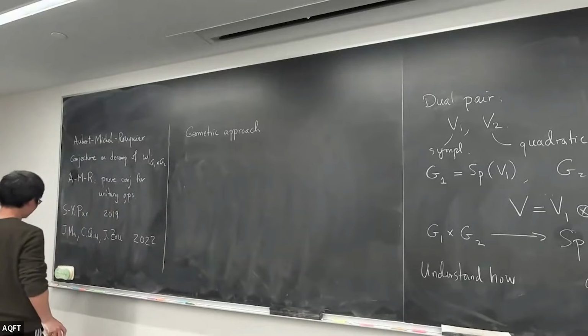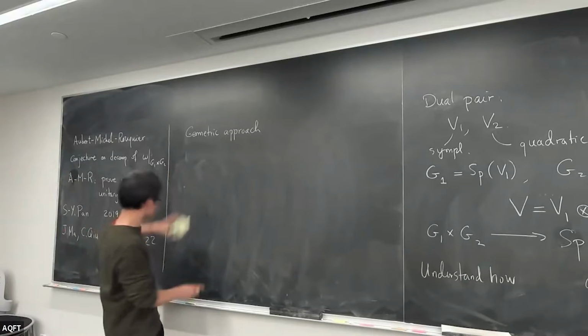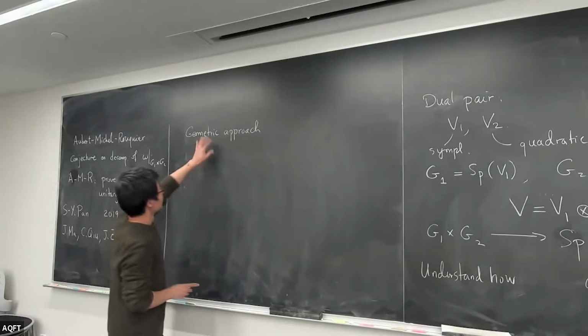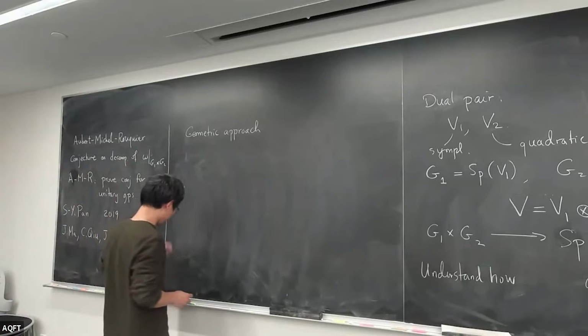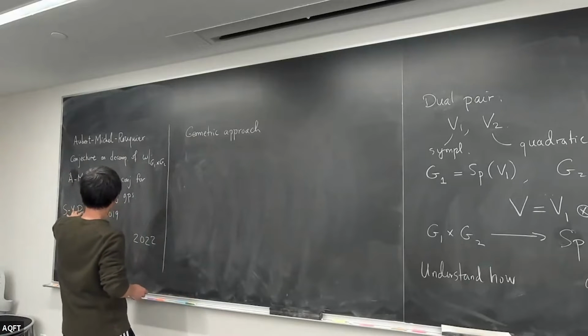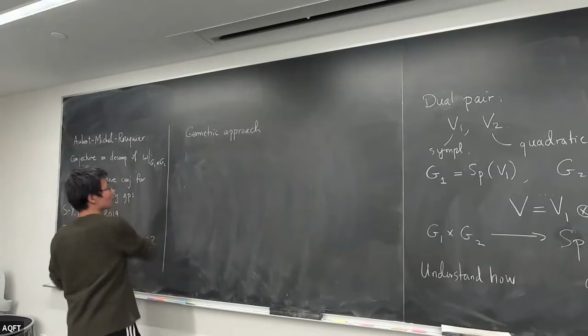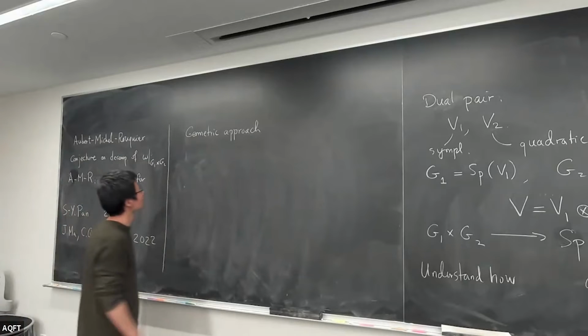Or maybe I should just say what the answer looks like. Let me set up what kind of representations I'm going to talk about, and then I'll formulate the answer in terms of these works, and then I will formulate it differently, in geometric terms.